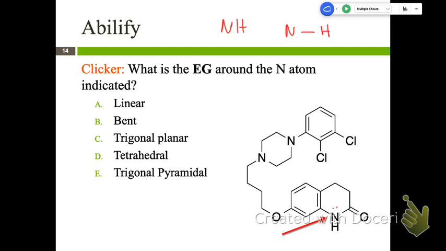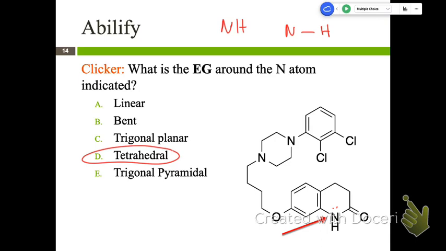What's the steric number? 4. Which means, just from that alone, we have tetrahedral electron geometry. If you didn't know that it had a lone pair, the steric number is 3, and then you would have said trigonal planar, which was not correct because you didn't include that lone pair.